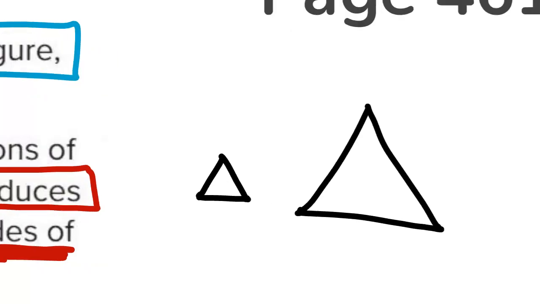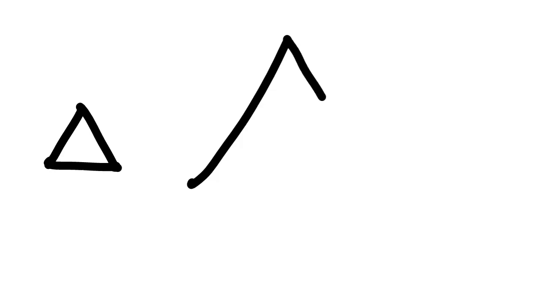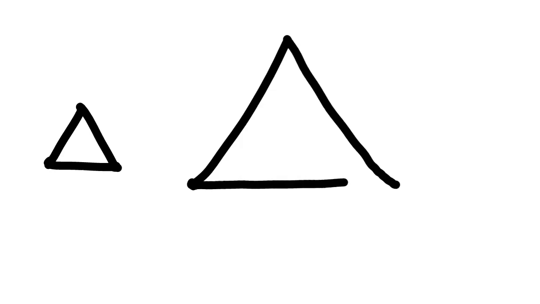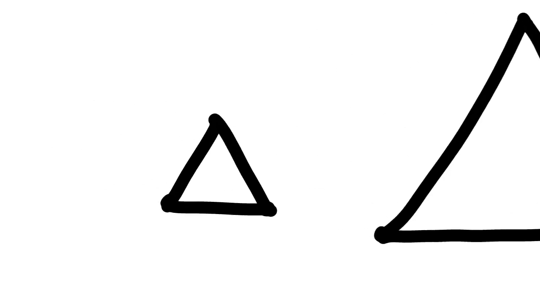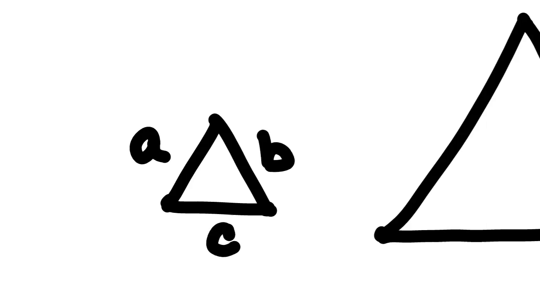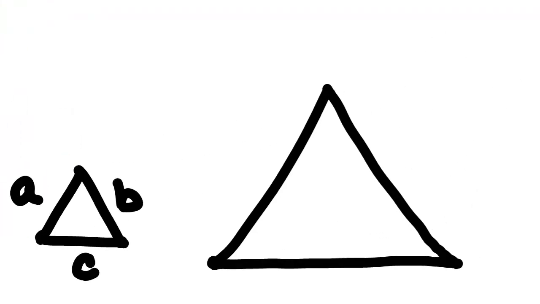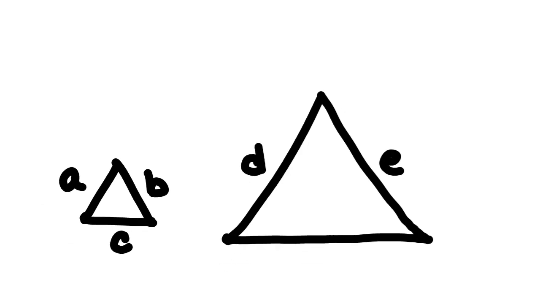I've got 2 triangles, one larger than the other. And instead of putting numbers on the sides, I'm going to let letters represent the lengths of these sides on the triangle. So I'm going to call this side A, B, and C. And then on my larger one, we're going to call this D, E, and F.